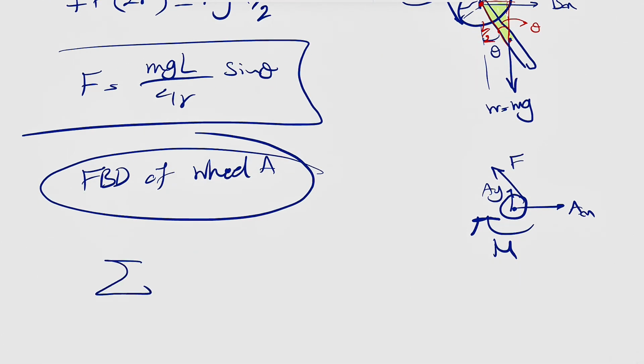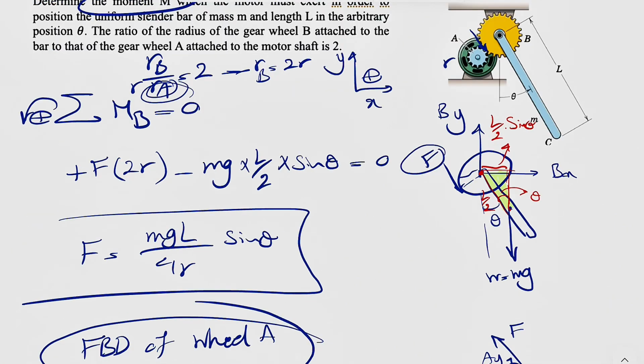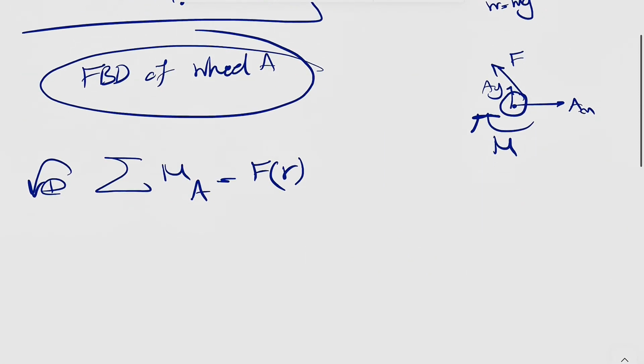So we're going to do the same thing. We have our equilibrium equation, and this time we're going to take moments about the center of wheel A. We're going to have the moment of the force F, which as we can see will be in this direction, so counterclockwise it will be F times the radius of this gear wheel, which is R, what we called R. And we have the clockwise moment M that we considered, equal to 0.